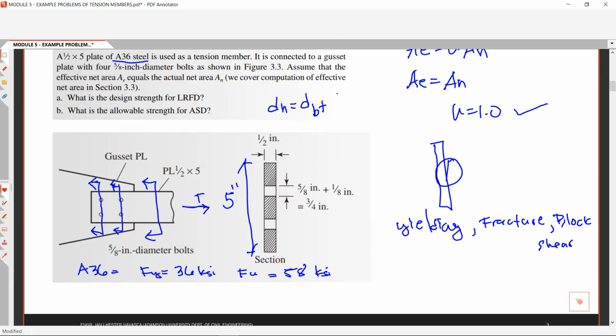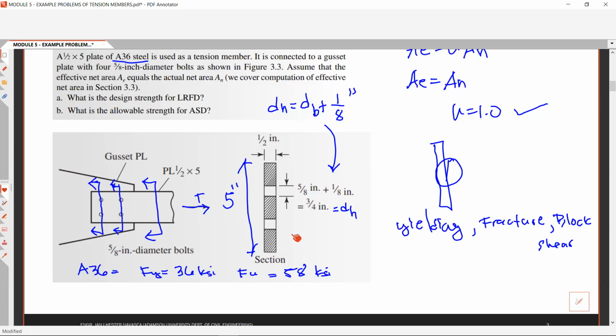Therefore, we have 1/8 inch. So your diameter of the hole is 5/8 inch plus 1/8 inch, which equals 6/8 inch or 3/4 inch. That is our diameter of the hole.